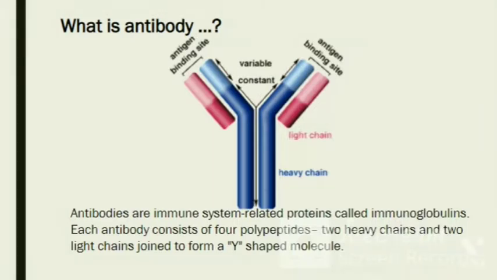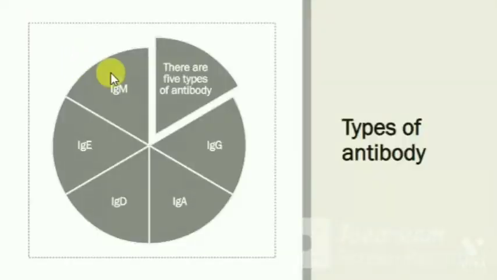Now, if we talk about the types of antibody, then usually antibodies are of five types. They are classified on the basis of their structure, weight, and functions. We'll discuss each antibody one by one. Moving to the next slide. As I have told, antibodies are classified into five types: IgG, IgA, IgD, IgE, IgM.